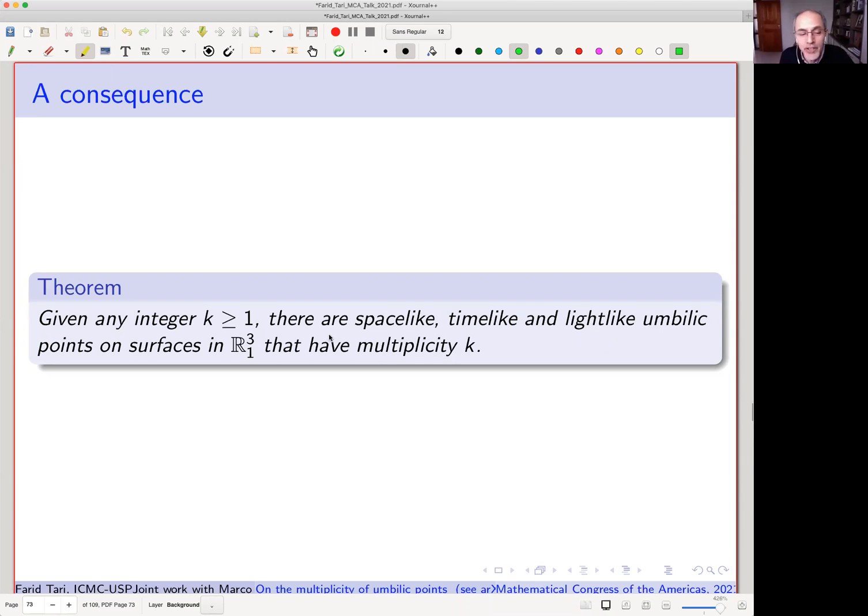So the question is, if I give you any integer, is there a space-like, time-like, or light-like umbilic point which has multiplicity k? And the answer is yes. So what we do, we go back to the previous cases and construct examples of a surface with a light-like degenerate locus that has Milnor number k, or a surface with a space-like or time-like umbilic point with a simple singularity of the discriminant, and we can construct any type of this.